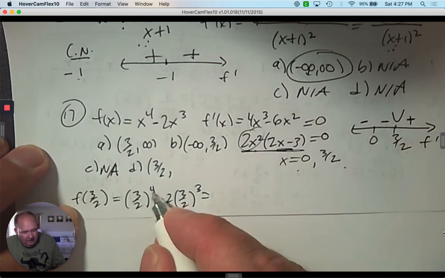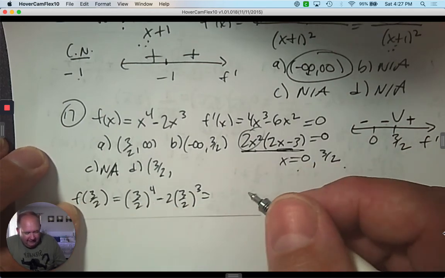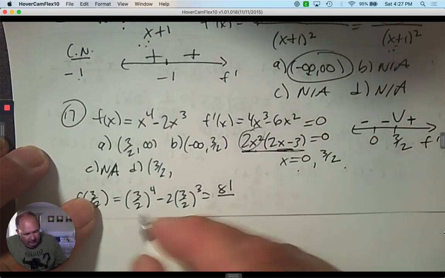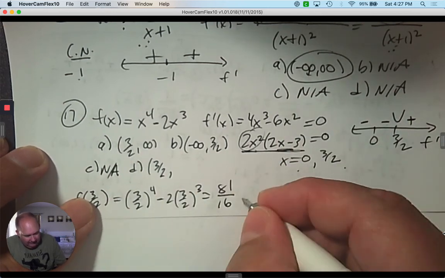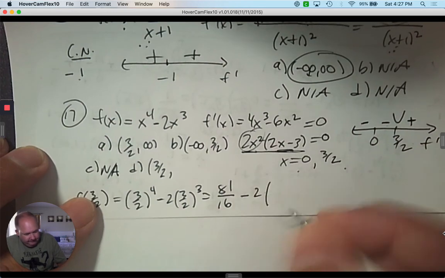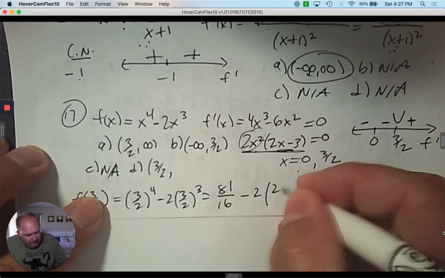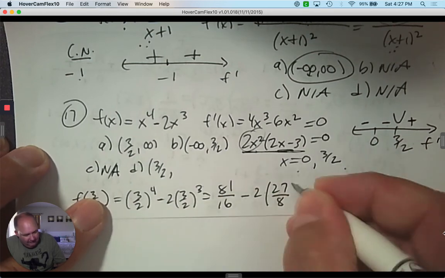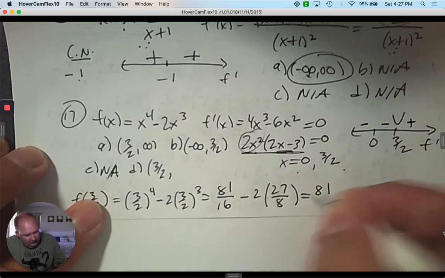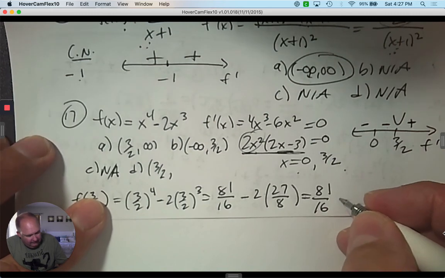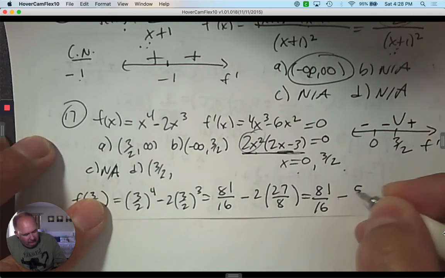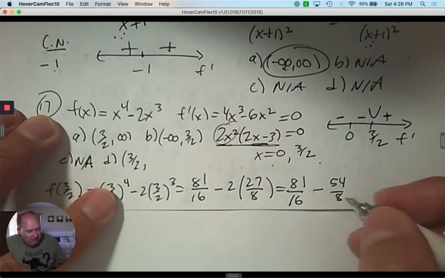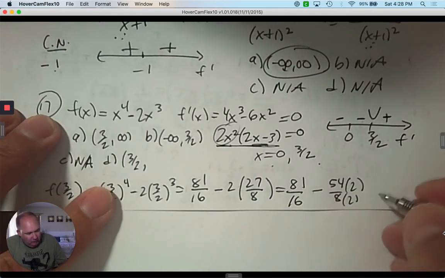So 3 to the 4th, 3 times 3 is 9, times 3 is 27, times 3 is 81, 2 to the 4th is 16. 3 times 3 times 3 is 27, 2 cubed is 8, so 81 over 16, this is 54 over 8, multiply times 2, that's 108.